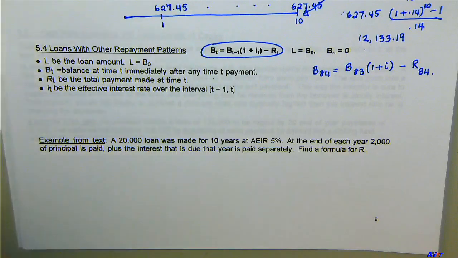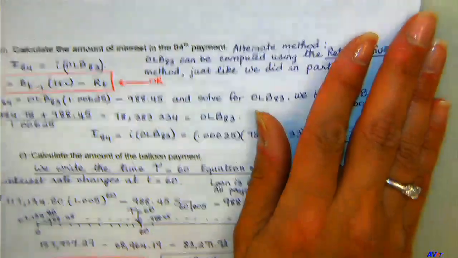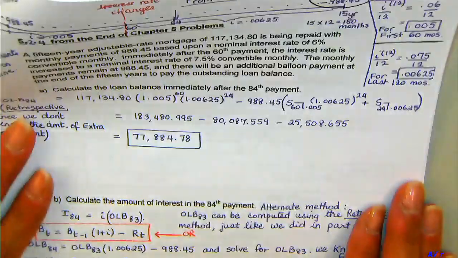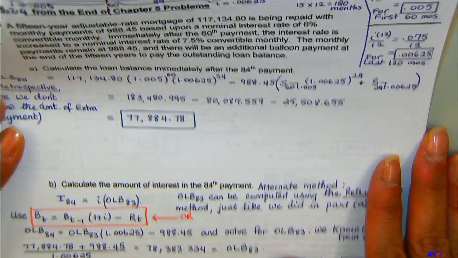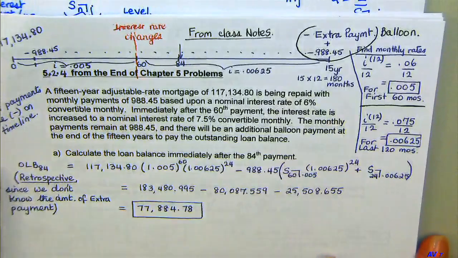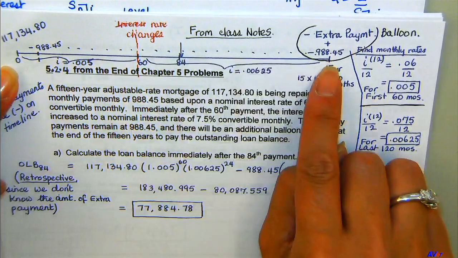Take, for example, this question. In this question, you have a fixed payment of $988.45 going on from time 0 to time 15.